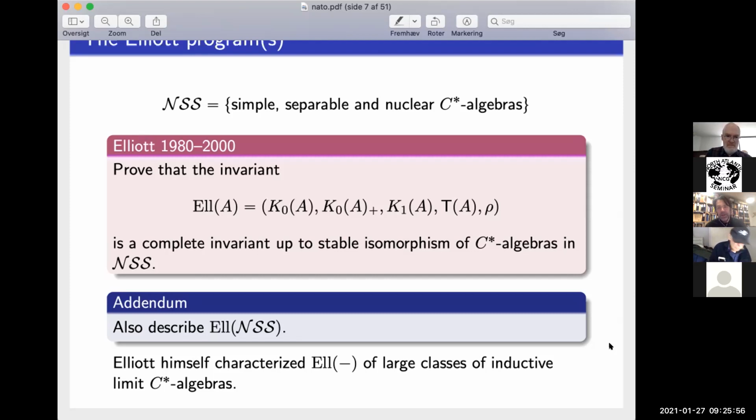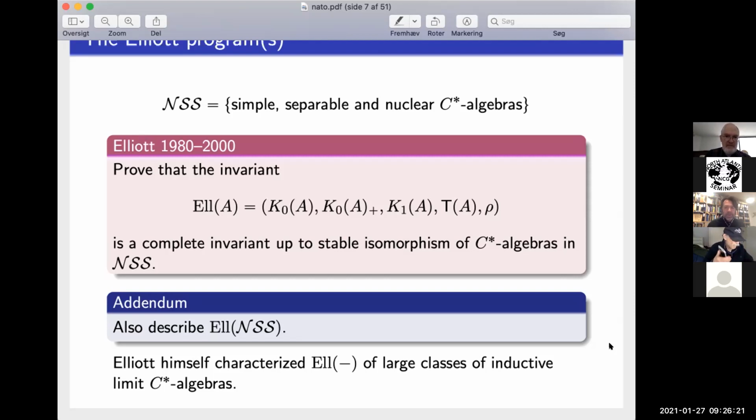So probably that's a fine point here, so maybe I should have been a little bit more careful. It already says up to stable isomorphism. Yeah, but I don't know if it has to be stably isomorphic to something with a unit, which might be a problem.